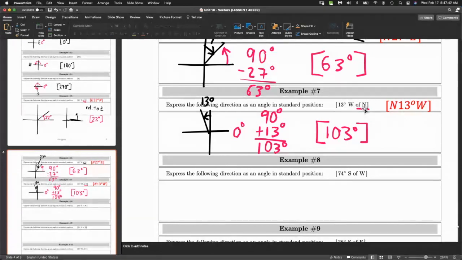This one here is more for a visual reader who likes to see the grammar of it as well. So west of north, the word "of" there gives you the flavor that it is relative to the north axis. So that's something personal to you, and I respect that.